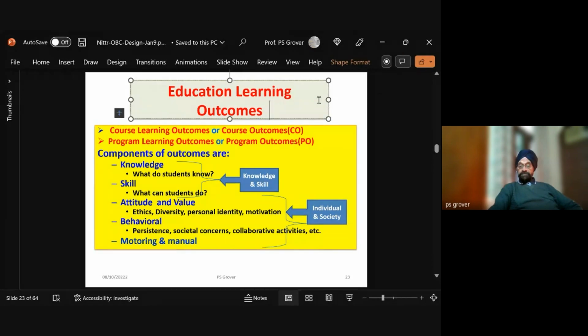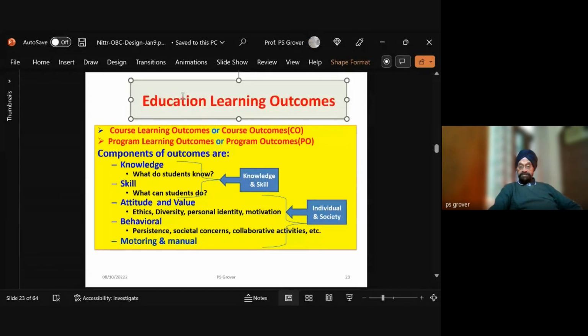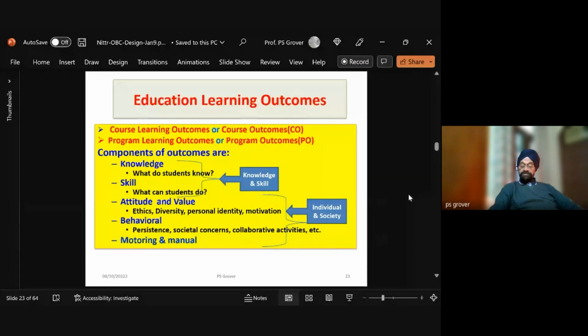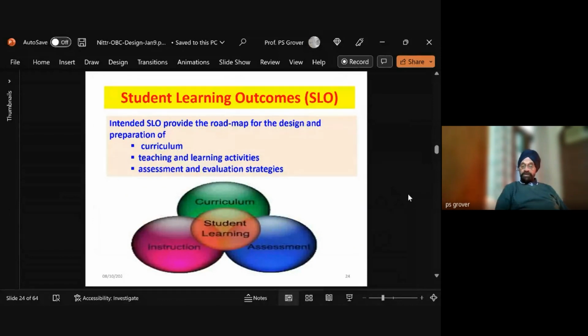So the curriculum that we design, that's outcome-based curriculum, will be such that it will give me the lead of how to do all these things. So student learning outcomes, sometimes I also call it intended student learning outcome, provides a roadmap for the design and preparation of the curriculum. How do I prepare curriculum?